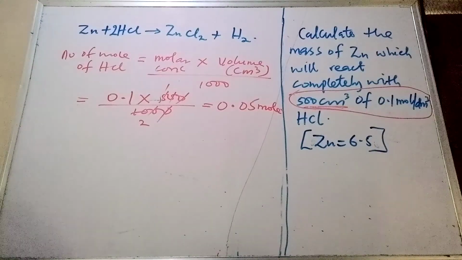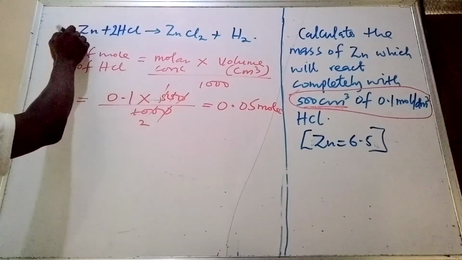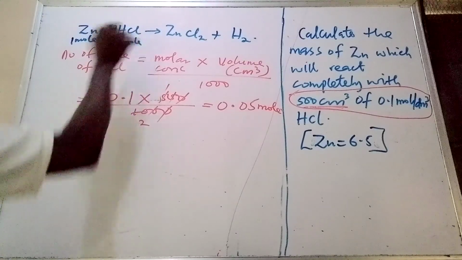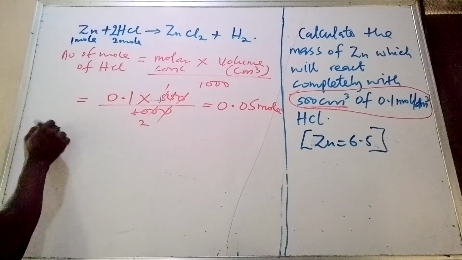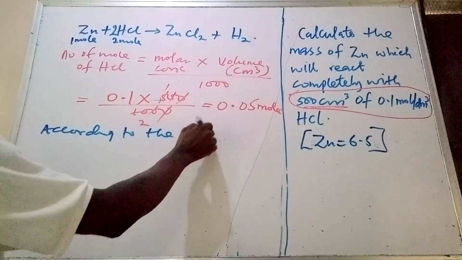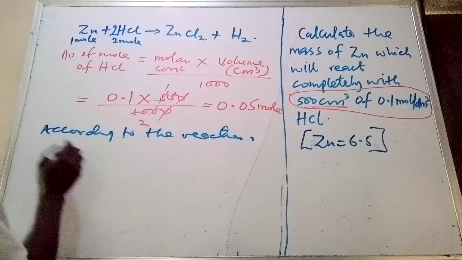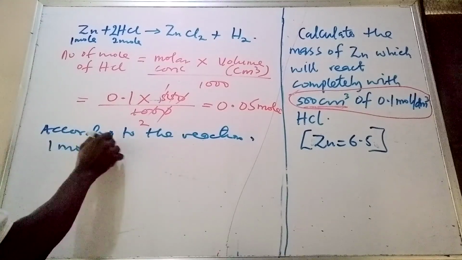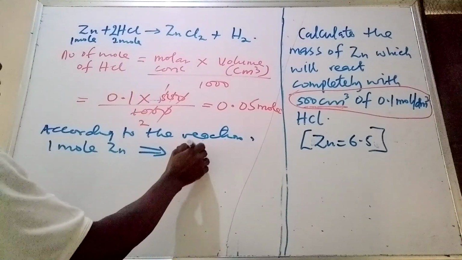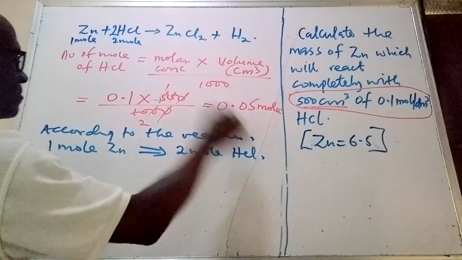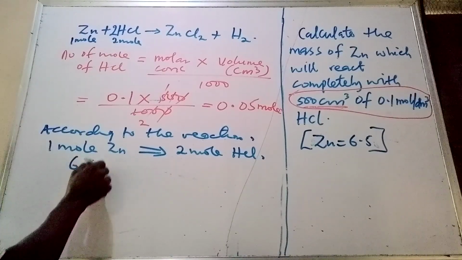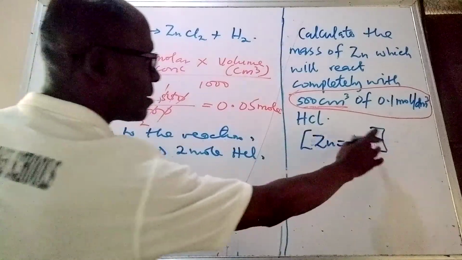So according to this reaction now, don't forget this is 1 mole zinc and this is 2 mole HCl. That means according to the reaction, one mole of zinc reacts with 2 moles HCl. And 1 mole of zinc is what? 65 grams, which is the atomic mass.